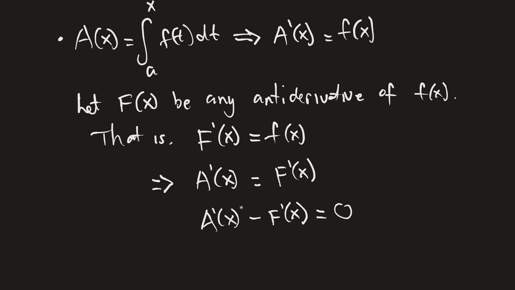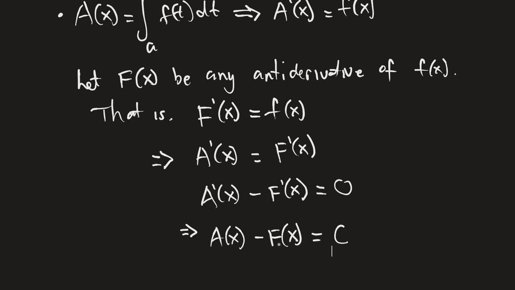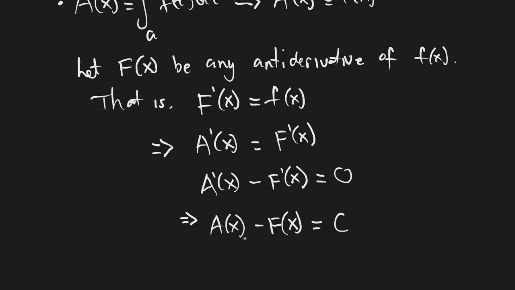If you integrated this, you would get A of x. If you integrated that, you would get F of x. If you integrate 0, you end up with 0 plus c, a constant. So these two functions differ only by a constant.